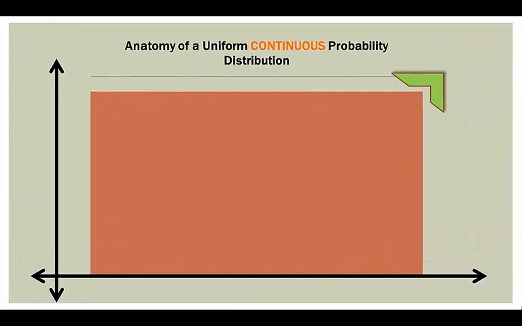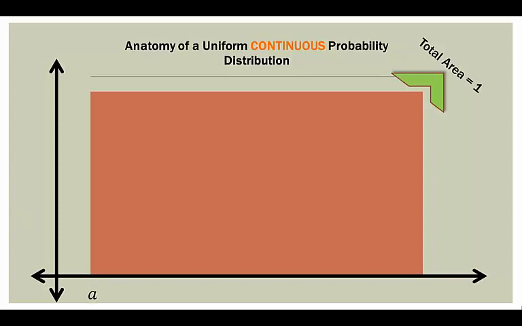Now, a quick review about continuous probability distributions. In my previous video, we talked about uniform continuous probability distributions. We know that the total area of the distribution has to add up to 1. And for this continuous uniform distribution, any point beyond the edges is 0. So all of our area, all of our probability is in this rectangular shape.